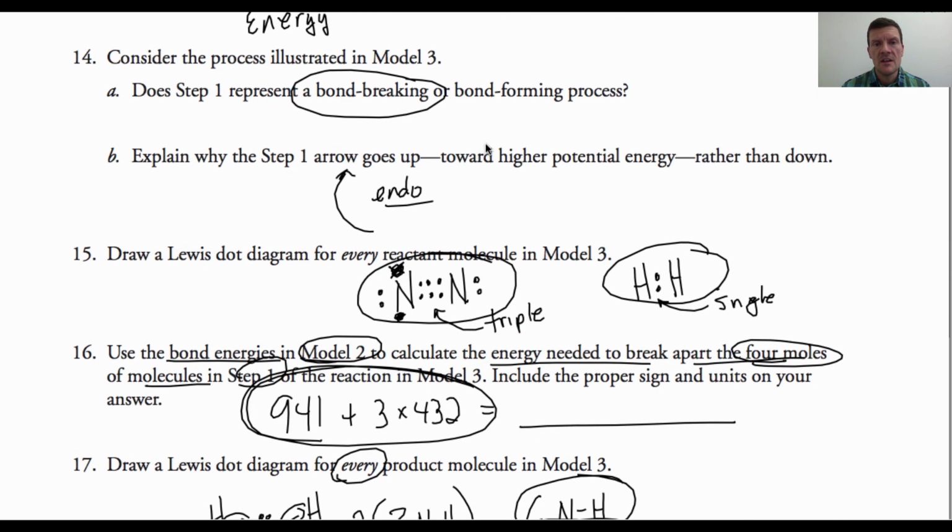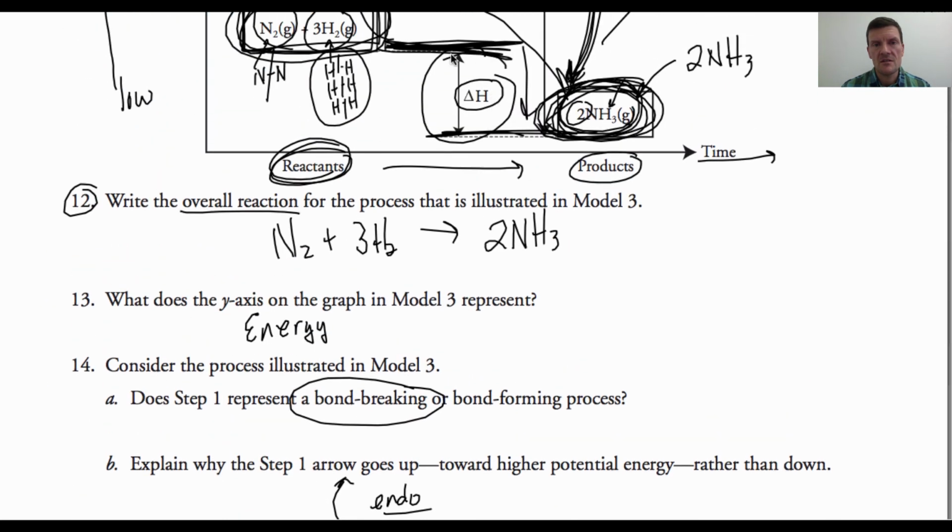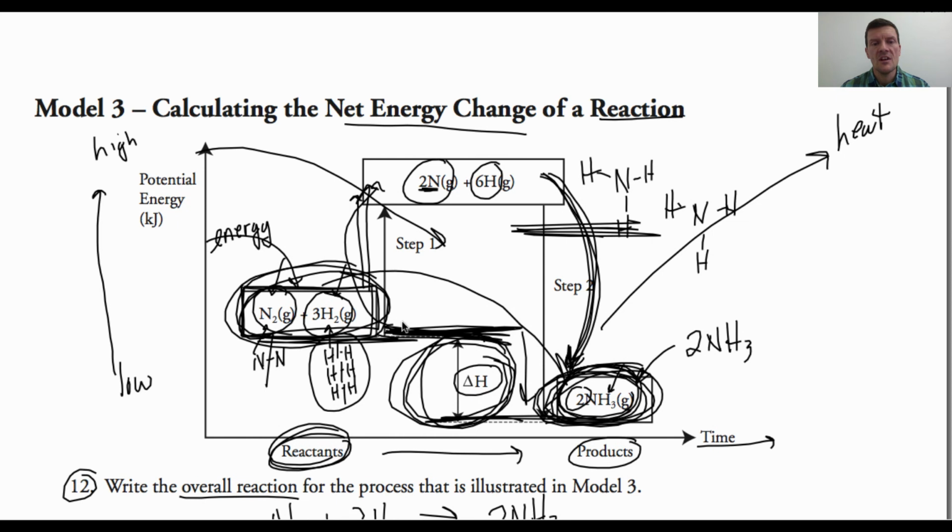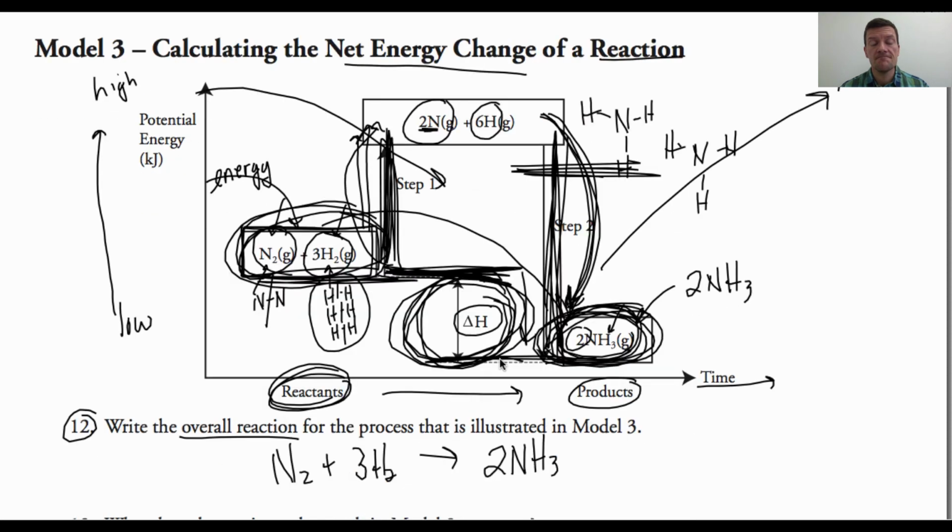That'll give you that number right there, the difference between where you're starting and where you're ending. Because the first calculation you're finding this amount right here, and the second calculation you're finding this amount right here, and the difference between those is going to tell you how much is released.